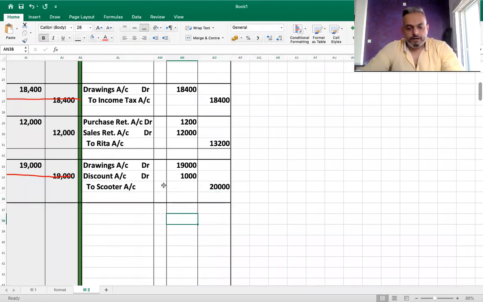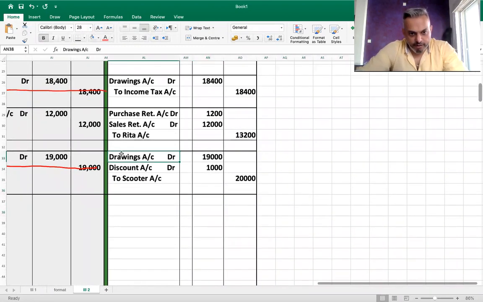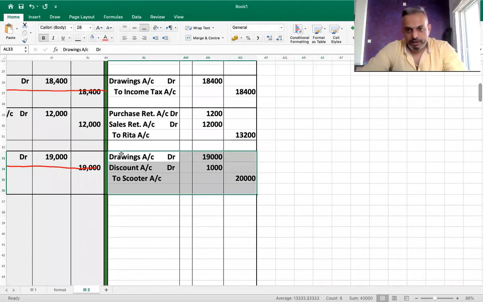So this is the rectifying entry: drawings account debit, discount account debit, to scooter account 20,000, drawings 19,000 and discount 1,000. Is this done?